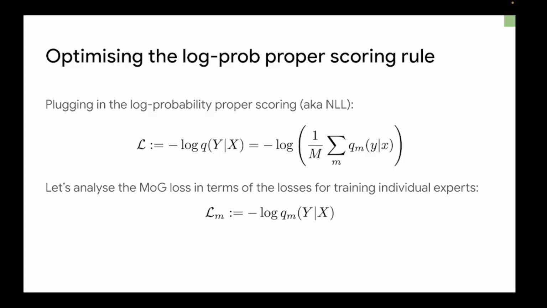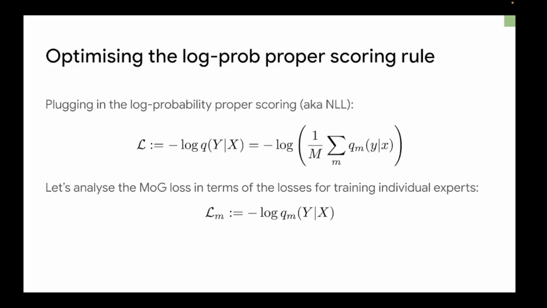So there are actually a lot of cases in machine learning when you have to put a log likelihood on top of some mixture. And this is one of such cases. Whenever you have this kind of log of sum of something, you end up having a very similar pattern in terms of the individual supervision you're assigning to different experts in this ensemble, if you can call this an ensemble.